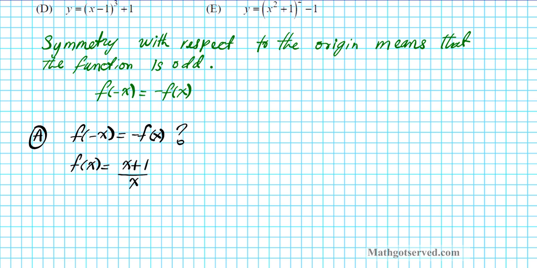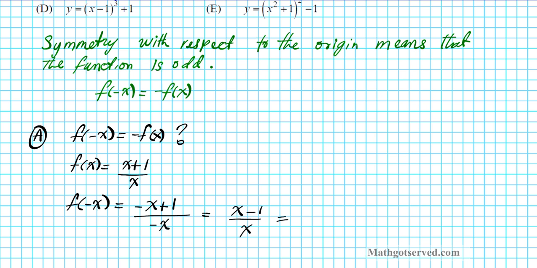All right, so let's go ahead and evaluate this function when x is equal to negative x. So we're going to have negative x plus 1 over negative x. Now if we divide, negative x divided by negative is going to be positive x, and positive 1 divided by negative is going to be negative 1 over x.